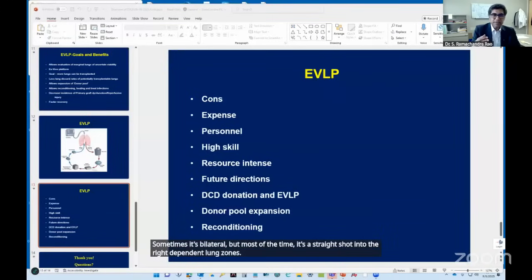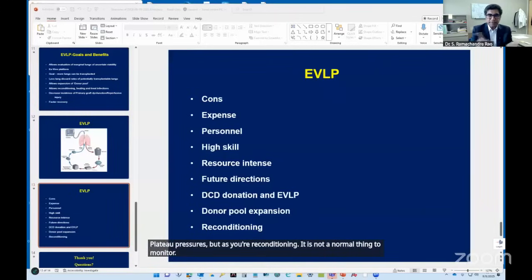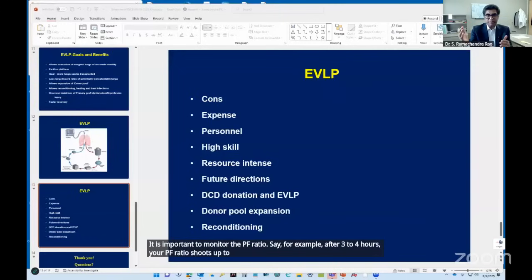When that happens, it's not uncommon to expect a little bit of differential plateau pressures. But as you're reconditioning, it is not normal to monitor differential compliance. Rarely it happens. Whenever you have a differential compliance, it is important to monitor the PF ratio. Say, after 3 to 4 hours, your PF ratio shoots up to 500.